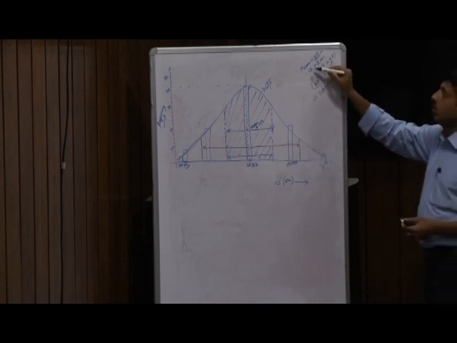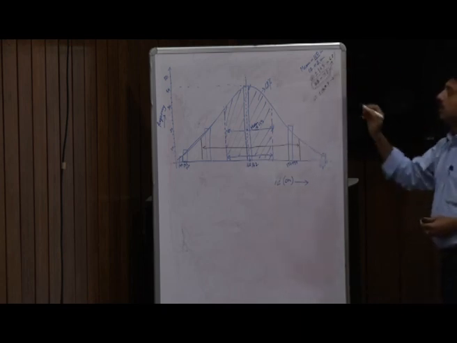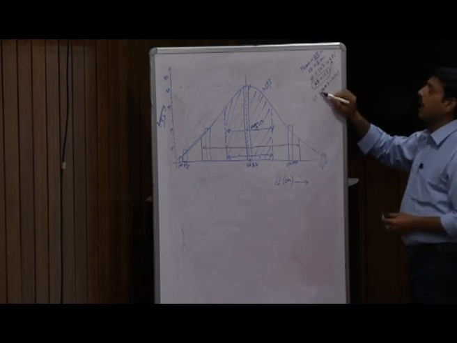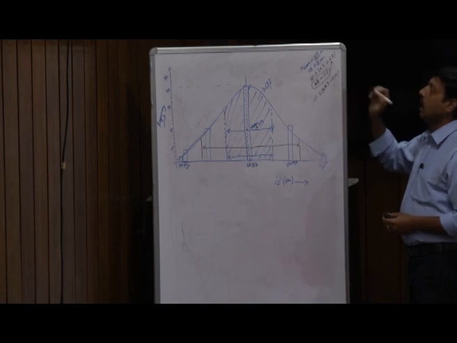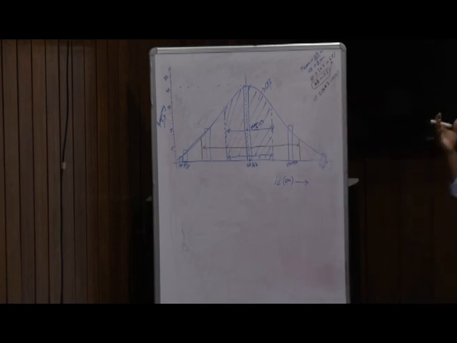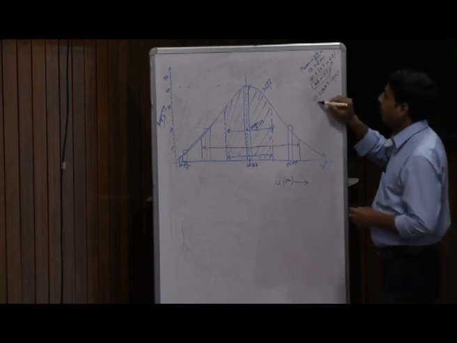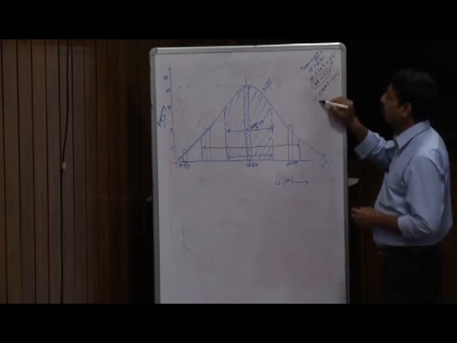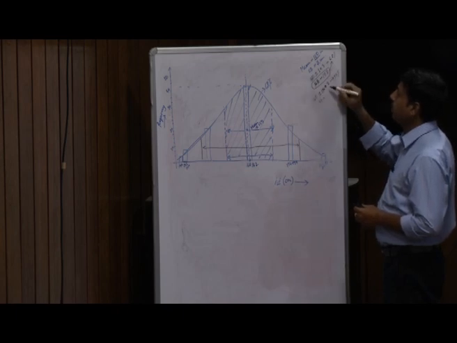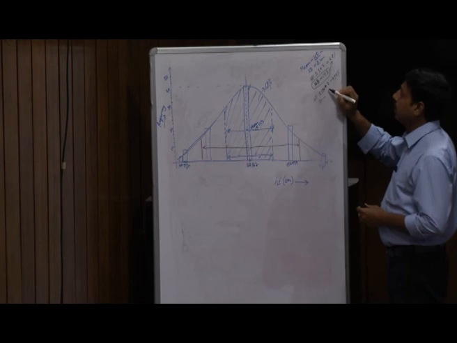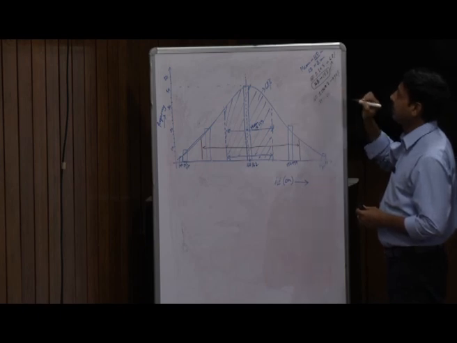In this case, example we have mentioned SD value is 3. So mean value plus or minus 1.96 SD, within that range 95% of the population is covered. So 160 minus 6, 154 centimeter to 160 plus 6, 166 centimeter.